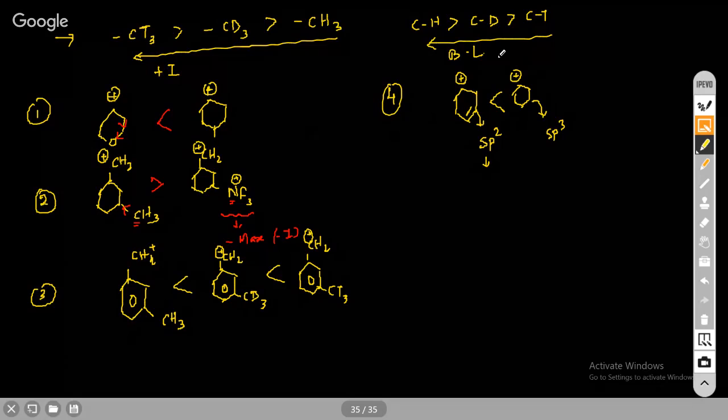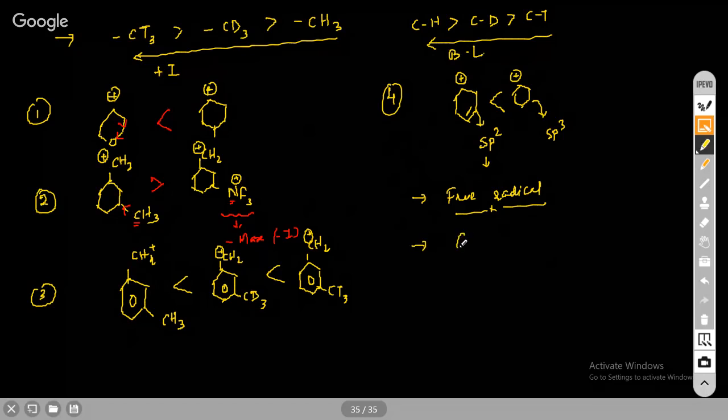Okay, so here we have done it for carbocation. The same order we have for free radical also, right? Free radical and carbocation have the same kind of nature. So like here the plus I group increases stability, for free radical also the plus I group increases stability and the minus I group decreases stability. So that is the thing.